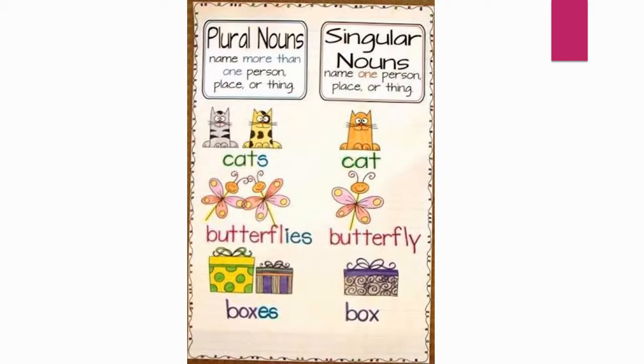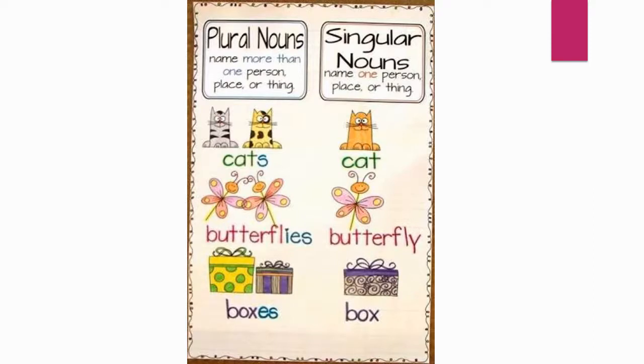I told you that if there is a thing which is only one, then we say it is a singular thing. And when there are many things, more than one person, place, animal or thing, then we say they are plural things or plural nouns.